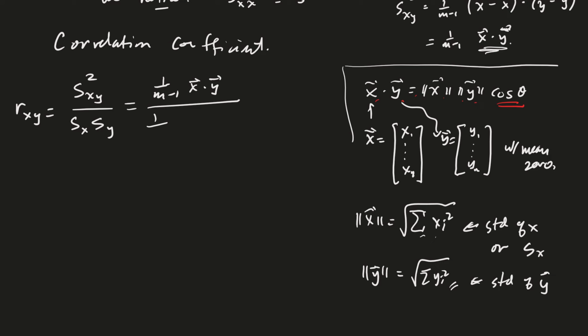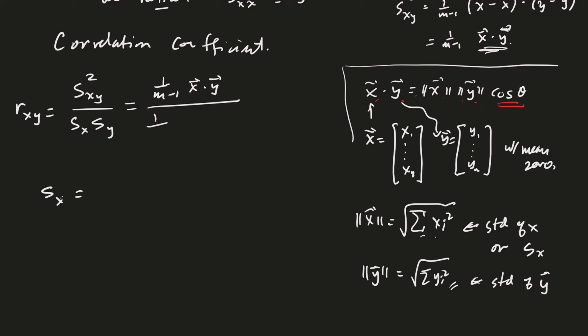If I take x dot y, maybe I'll do it this way. The norm of x, norm of y multiplied together, you're going to have, oops, I better be careful here. This is not the standard deviation. I have to divide by m minus 1. Sorry about that, let me write it this way.